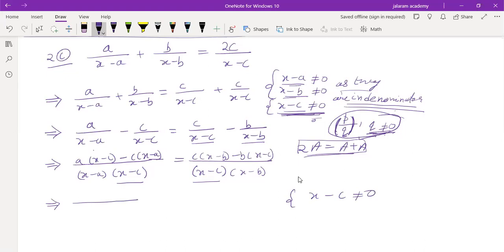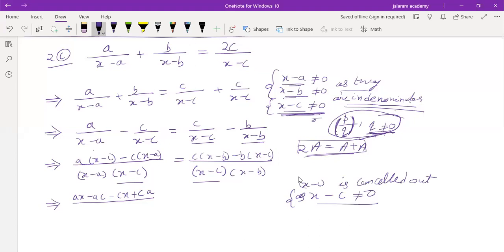So when we open the bracket, a into x minus c means ax minus ac, minus c into x minus a is minus cx, minus into minus plus, minus c into minus a is plus ca. In the denominator x minus c will be cancelled out. Why?